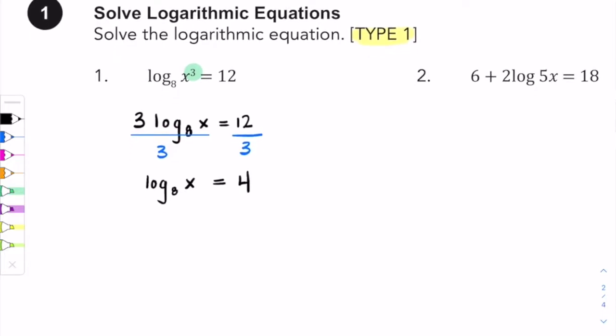Once you get the log as simple as possible, so once you isolate this as much as you can, you want to convert to exponential form and then solve. Converting to exponential form is going to give me 8 to the power of 4 is equal to x. And now this just becomes something you either need to calculate out or type into your calculator, but 8 to the power of 4 is 4,096. That is your solution.